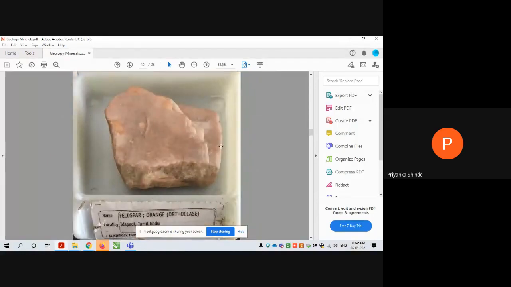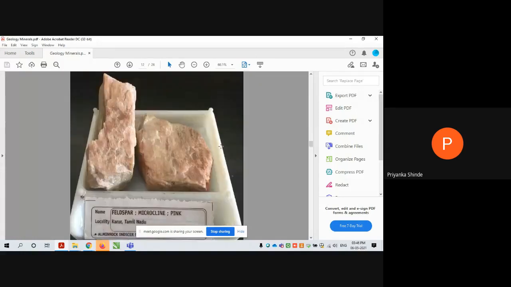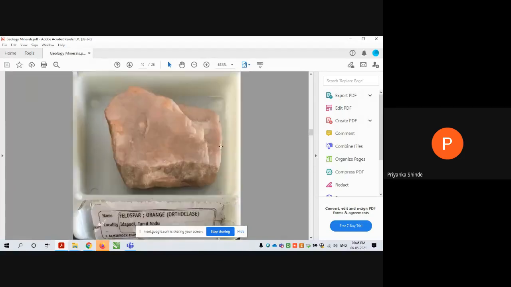In this we have three minerals, that is orthoclase, plagioclase and microcline. These are the three minerals which come under the feldspar group. Orthoclase, the color, if you see, looks like flesh or meat, so you can write the color as flesh red.